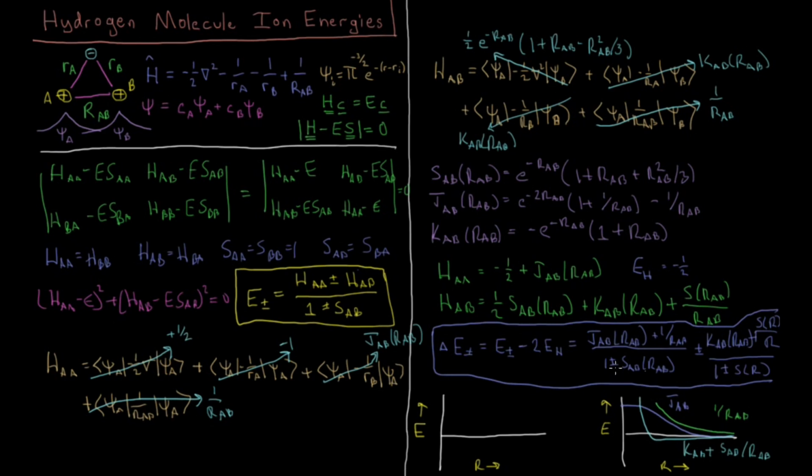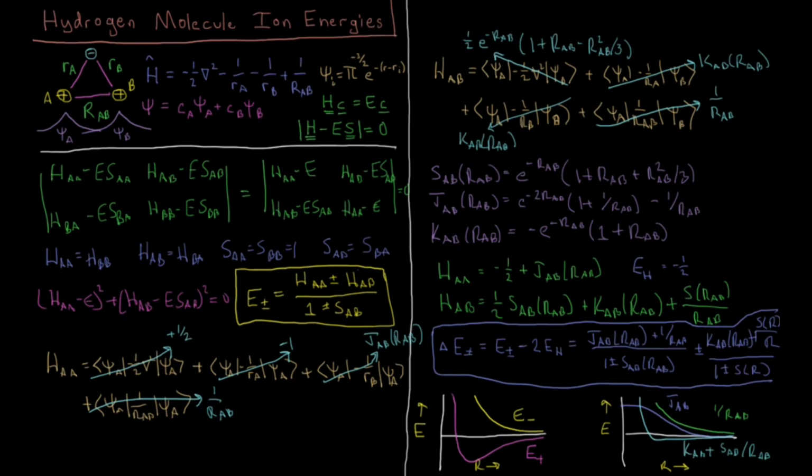Alright, so these three sum up according to this in positive and negative ways, and what they end up giving you, our final result, is we have one state which becomes attractive, reaches some minimum, and then goes up, and this is our E plus as a function of distance. Then we have another state which is going to become repulsive at all distances, and this is E minus.